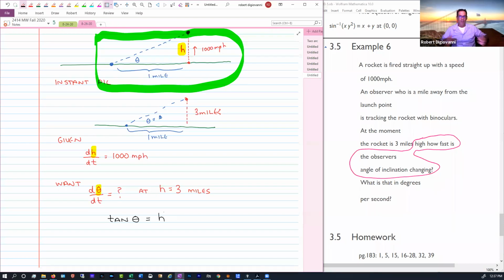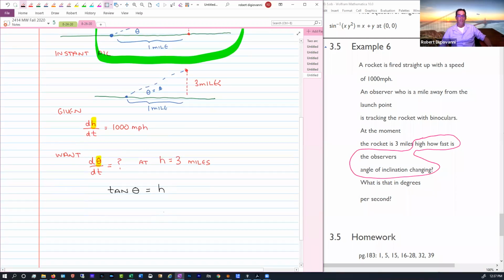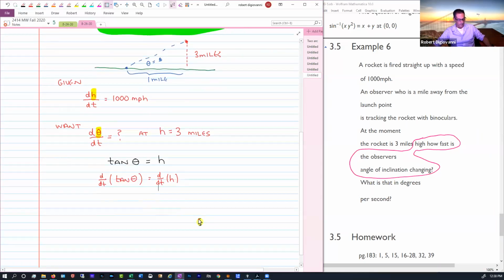We have a relationship. Once we have this, we take the derivative with respect to time on the left and the derivative with respect to time on the right. I know that y'all haven't done related rates in a while. Hopefully going through this is bringing things back. What is the derivative of tangent theta with respect to time?